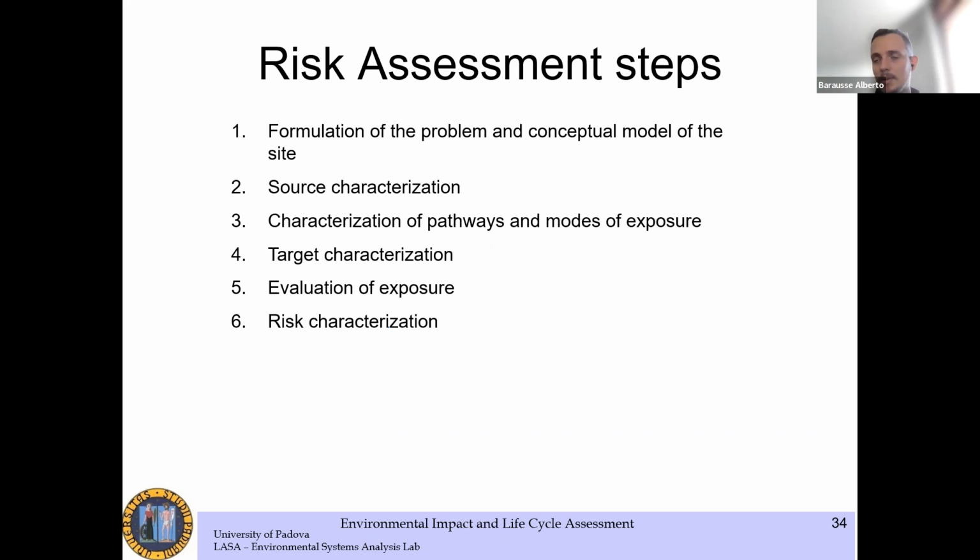So how the contaminants move, where they are found, where are their targets, and so on. We'll see an example. Then you should characterize all the pieces making up risk assessment that I have talked about before. So the source, the pathways and modes of exposure, the target, and then you can calculate the exposure. Remember the definition of risk, and then based on exposure and toxicity, you can quantify risk.